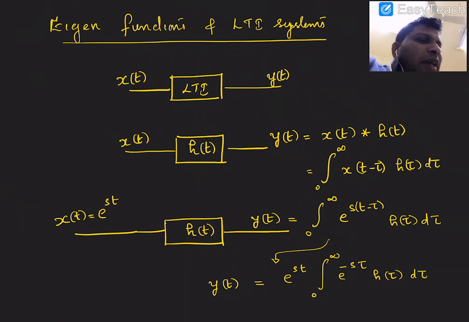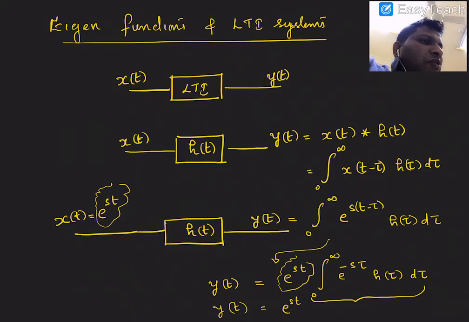You can see that I have taken this e power st outside. Actually this e power st was the input to the system, and you can see that it is appearing here without any change. That means I can represent my y of t as e power st multiplied with this term. This term will be a function of s, since we are integrating over tau, so I am going to write it as h of s.